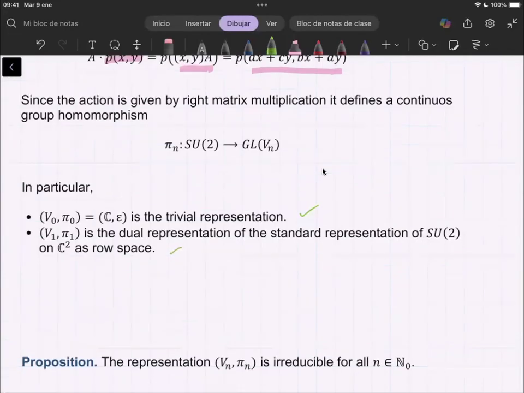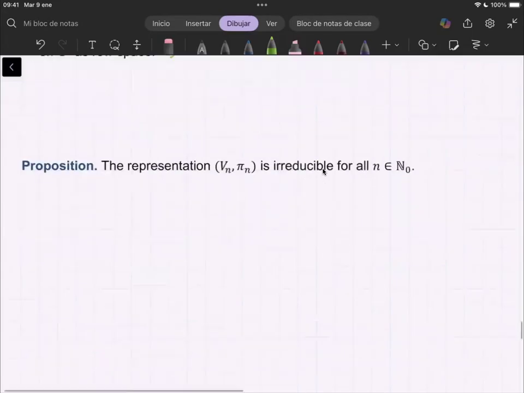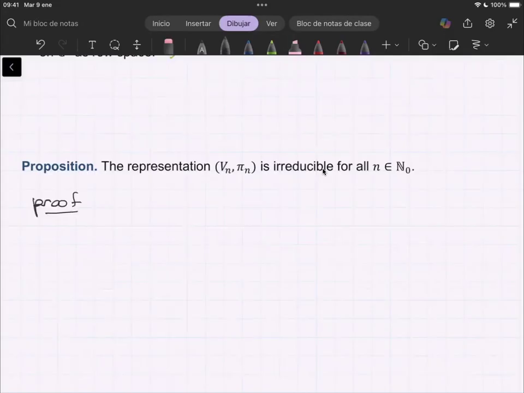We get a lot of representations, all irreducible. So I will show you a sketch. Then in my notes, you are going to see more or less the whole proof. Now the sketch. I'm already late.